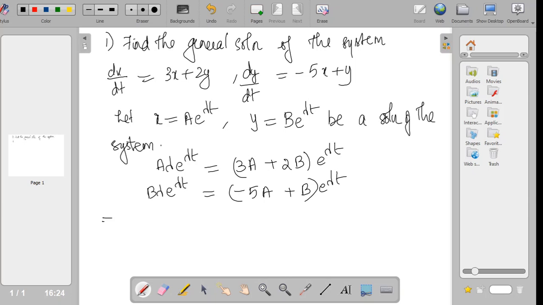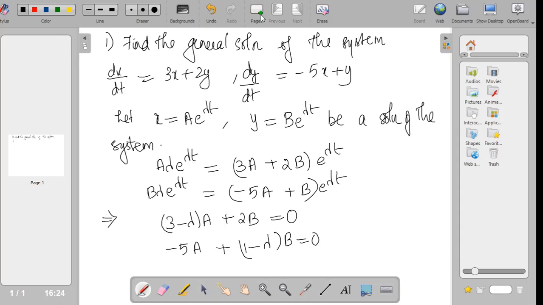So e raised to lambda t will cancel off on both sides, and we will get (3 minus lambda) a plus 2b equal to 0 and minus 5a plus (1 minus lambda) b equal to 0.